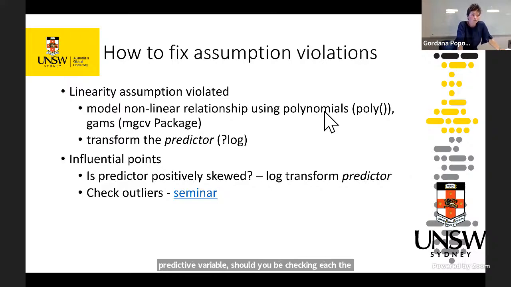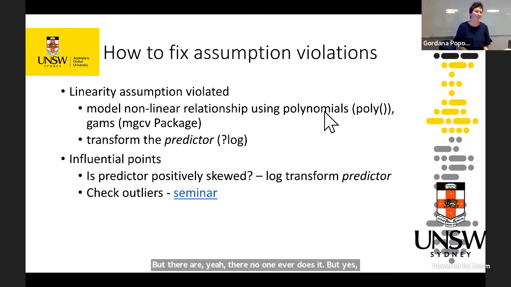Technically you should be checking what's called partial residual plots. It's not a plot of the predictor against the residuals. The residuals are from a model basically excluding that predictor, and then you compare that to the predictor. That tells you if the addition of that variable is linear, which is what you really want to know. So no one ever does it, but yes, it is possible to do.